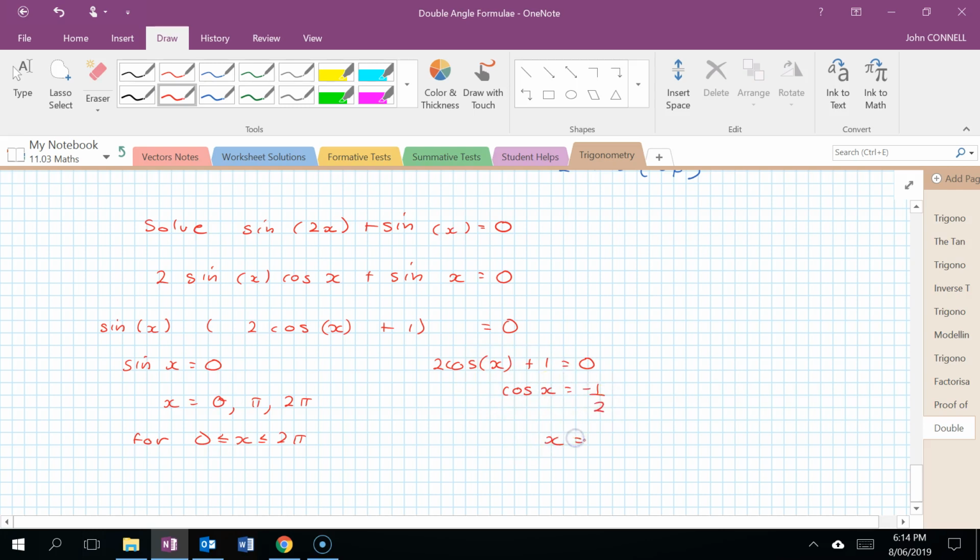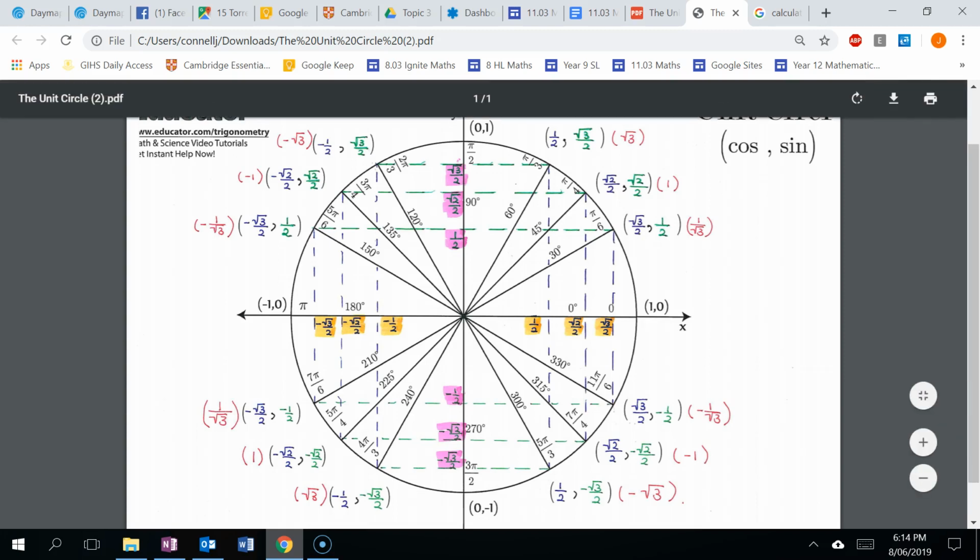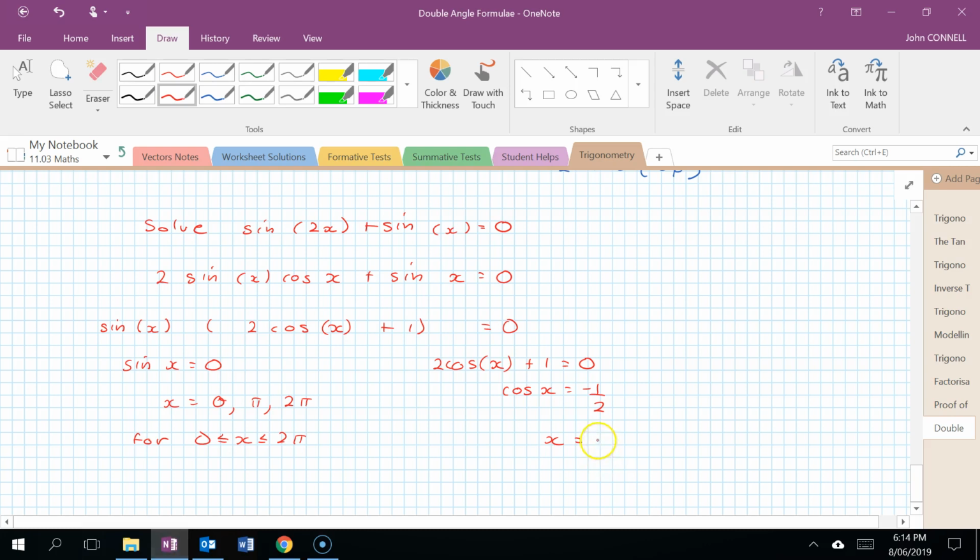So x equals, and we're just going to look at the first revolution. Cos being minus a half, I come along my x-axis, see minus a half on the left here, go up and find one of the angles is 2 pi on 3 and the other angle is 4 pi on 3. So 4 pi on 3 and 2 pi on 3 for x between 0 and 2 pi.